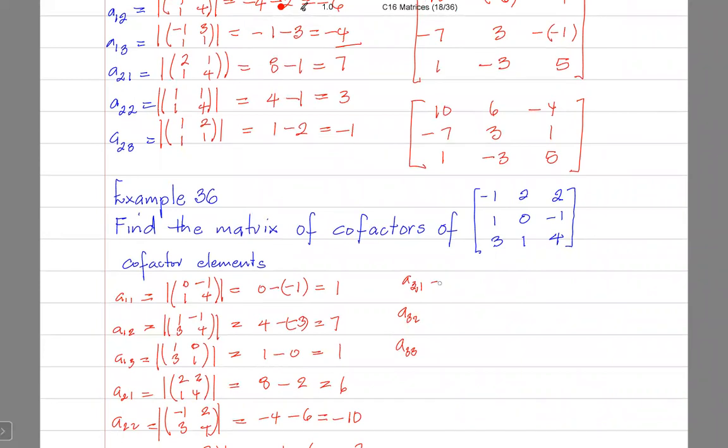So this would be the determinant of 2, 0, 2, minus 1, which would be minus 2 minus 0, minus 2. All right, so it's minus 1, 1, 2, minus 1.